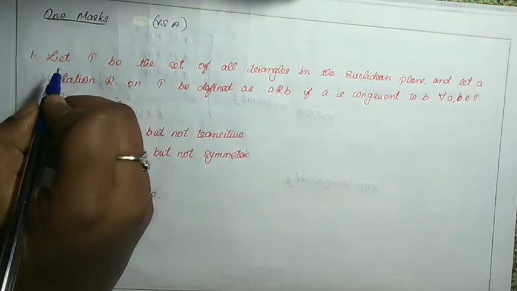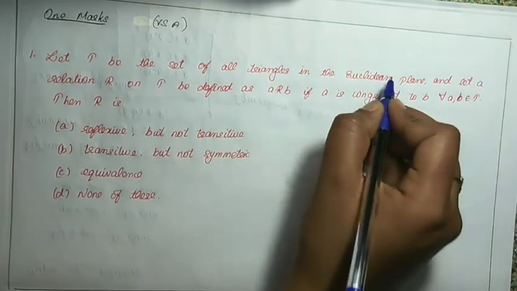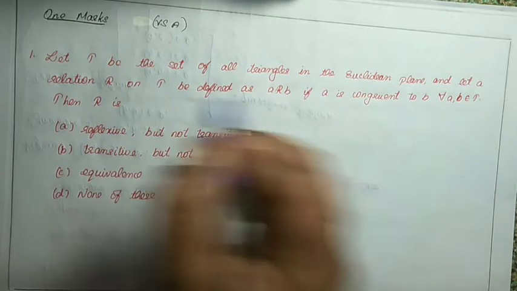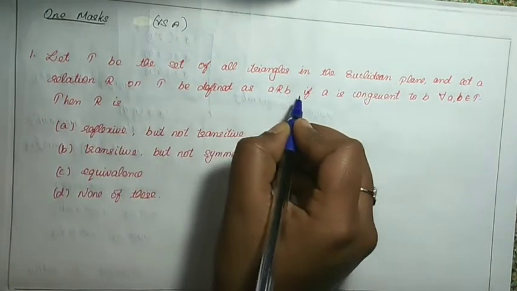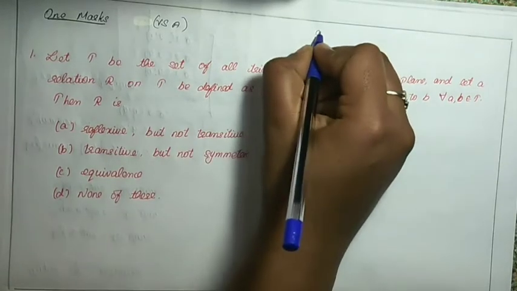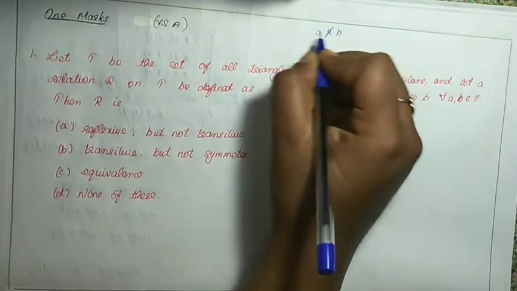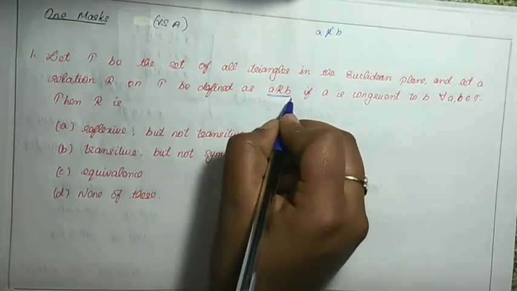Question 1 says: let T be the set of all triangles in the Euclidean plane and let a relation R on T be defined as A related to B. A R B means A is related to B, and A not R B means A is not related to B. You have to know the difference, okay?